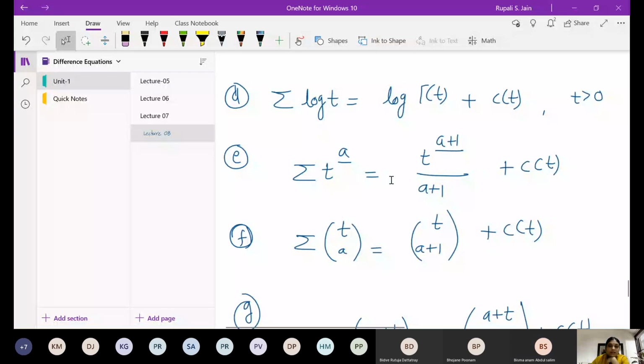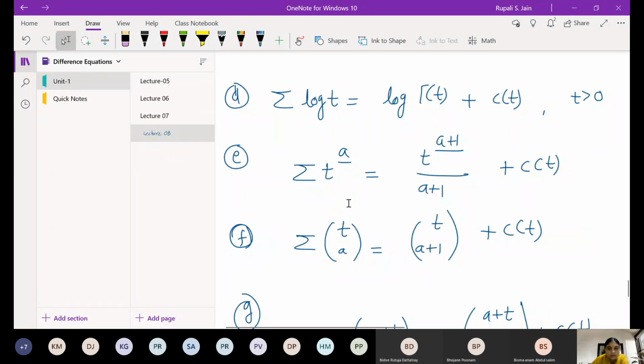Why? Because if I take delta over here, t to the a plus 1 falling will be a plus 1 times t to the a falling, and a plus 1 will get cancelled, and I will get t to the a falling. I am not going into all the calculations again. Are you getting this?